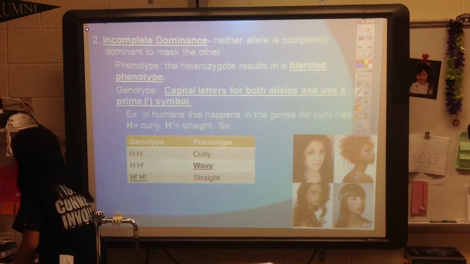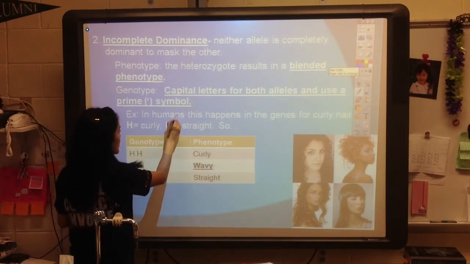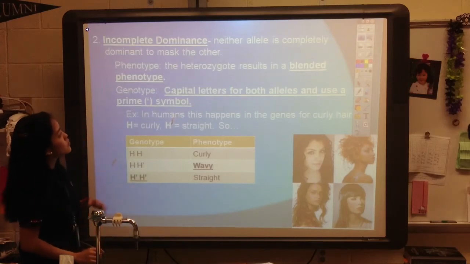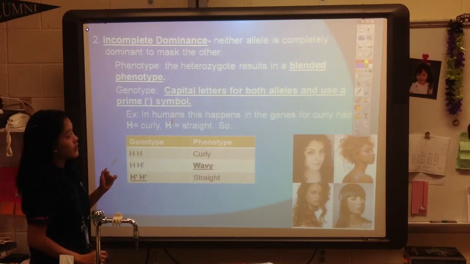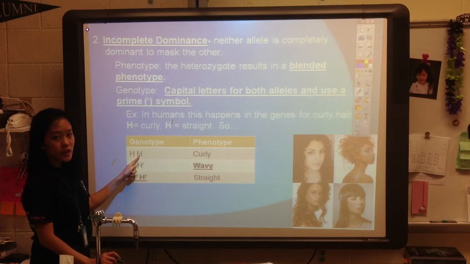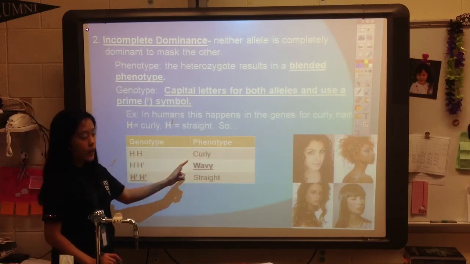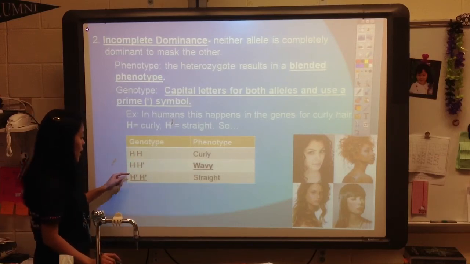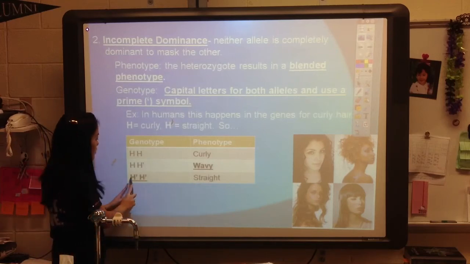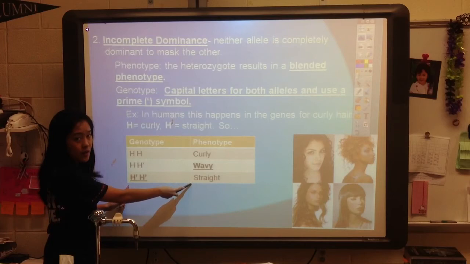So the major thing here is that neither allele completely masks the other. Instead, they're going to blend or mix together, like it says in your phenotype. So for example, if I have HH, two alleles for curly hair, I'll have curly hair. If I have H prime, H prime, two alleles for straight hair gives me straight hair.